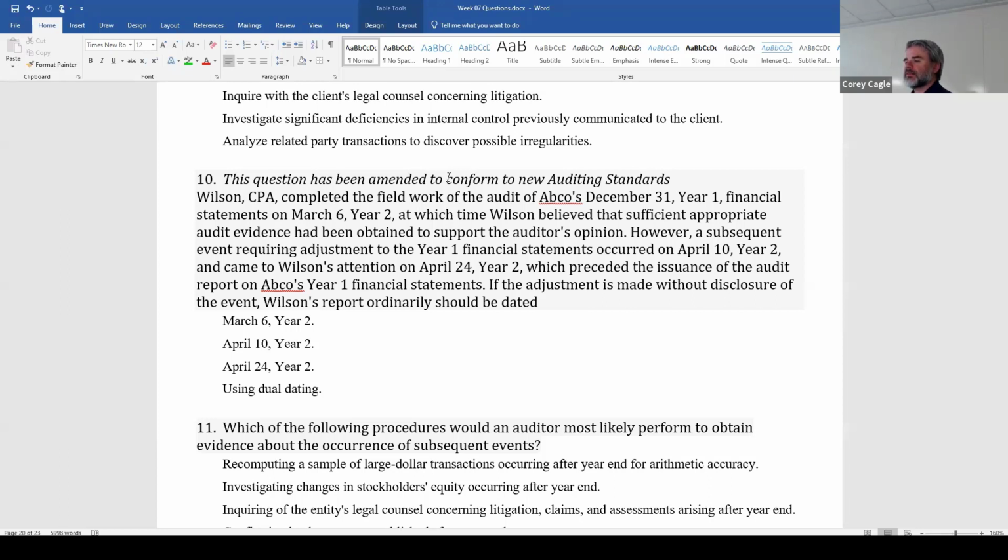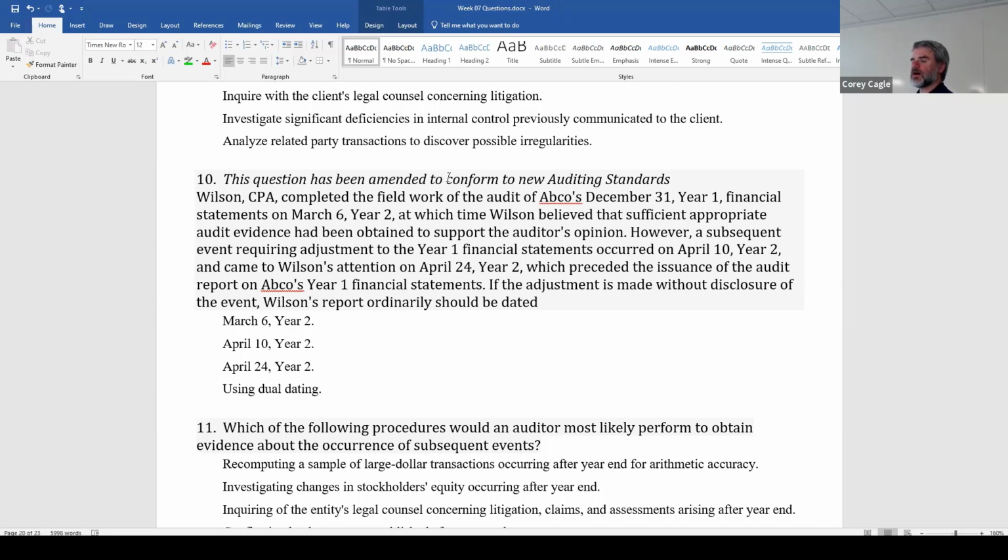That is the time where they thought they had obtained sufficient appropriate audit evidence to support the opinion that they have. However, a subsequent event requiring adjustment to year 1 financial statements occurred on April 10th, year 2, and it came to our attention on April 24th, year 2. That was before the audit report has been issued.